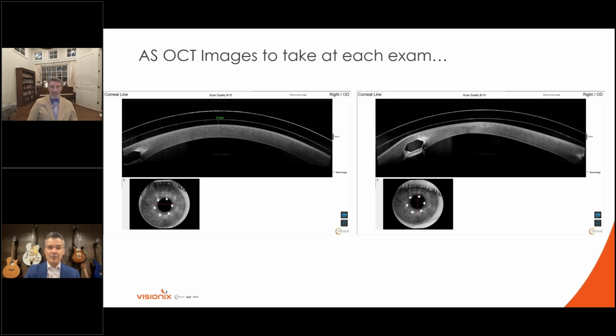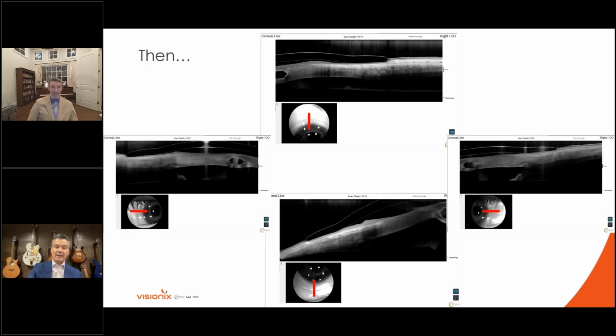Next slide, Jeff, please. What's a typical target that you're looking at for central clearance? Great question. So this target was laid out in a series of papers that Longy Michaud published back in 2012, where they were looking at the amount of oxygen that reaches the cornea through a scleral lens.